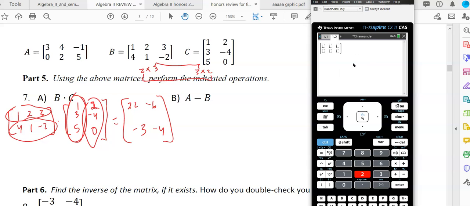So 1, 2, 3, and 4, 1, negative 2 times C, which is 3 by 2, which is 1, 2, 3, negative 4, 0. 22, negative 6, negative 3, and positive 4.